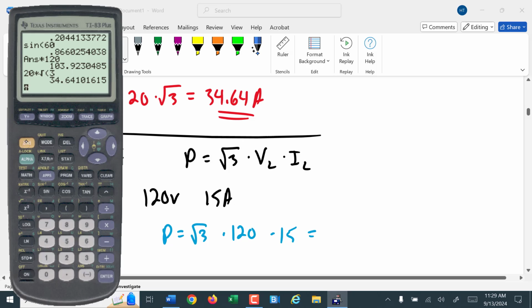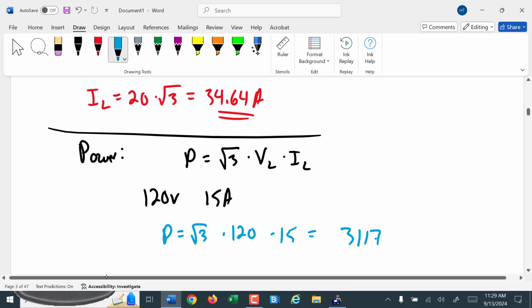So if you're going to put in the square root of 3 first, you do have to make sure you close the parentheses before you do times 120 and times 15. So 3117.69 watts.